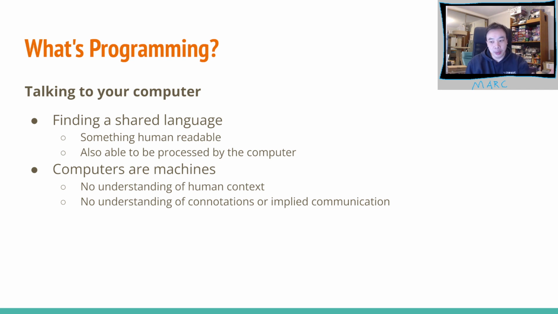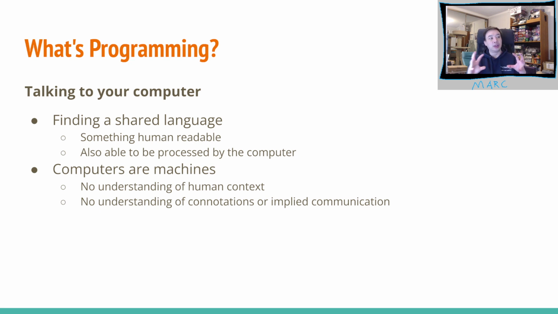Nor are we going to be able to convey the same kind of things we do via connotations or implication or sarcasm or all these kinds of things that are part of human communication. We can't necessarily rely on our computer to understand that.